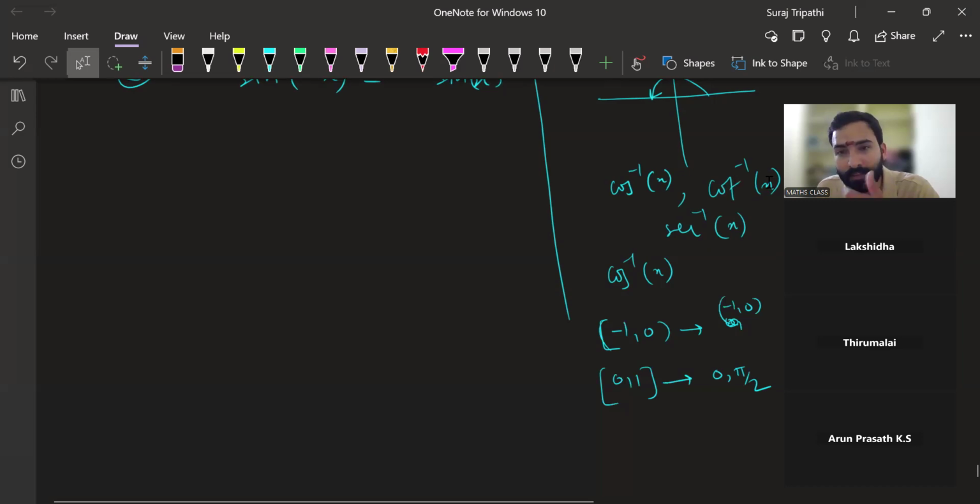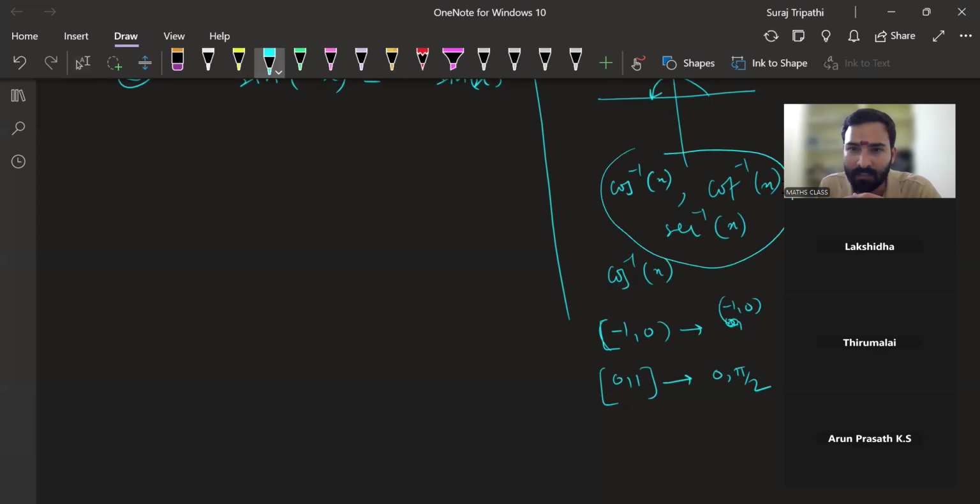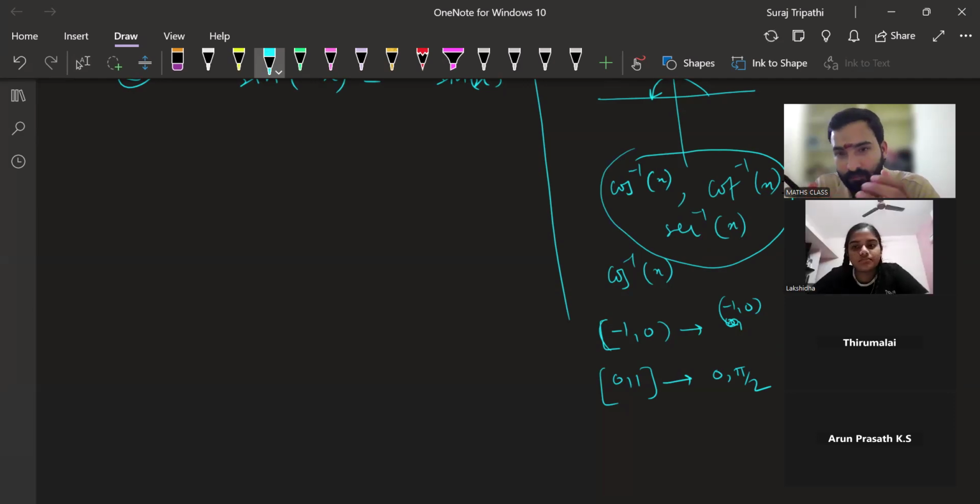Values of x can be negative or positive, but angle will always be positive. For these three ratios' inverse functions, values of x can be negative or positive. If values of x are negative, then the value of that inverse function will be between pi by 2 to pi, right? That is very, very important.